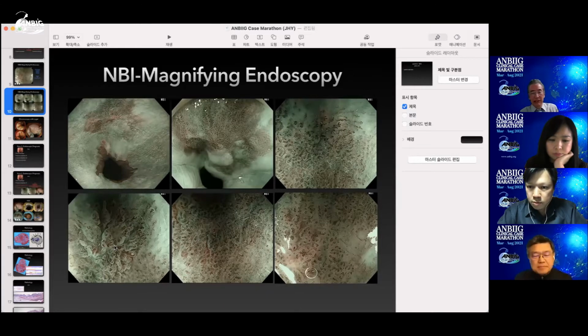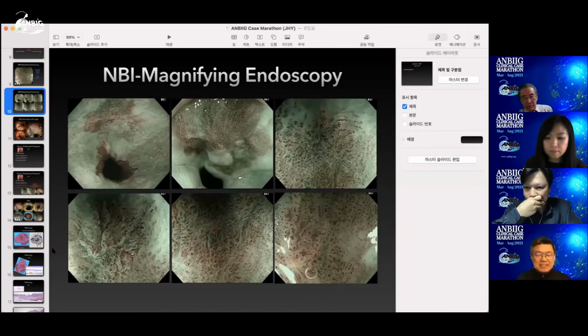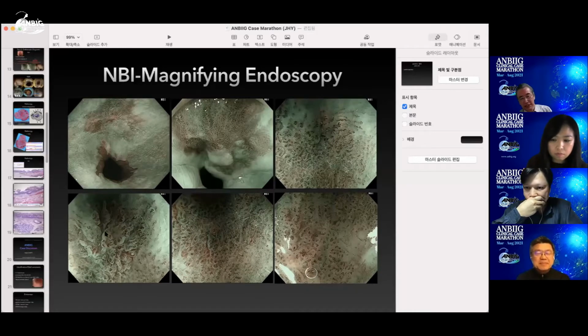So I think it's some growth pattern. Anyway, it's differentiated adenocarcinoma, I think. Not a good candidate for ESD. Thank you so much.